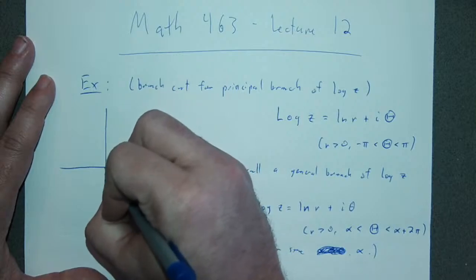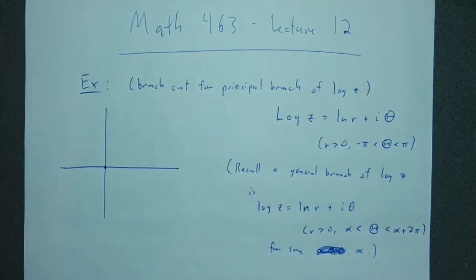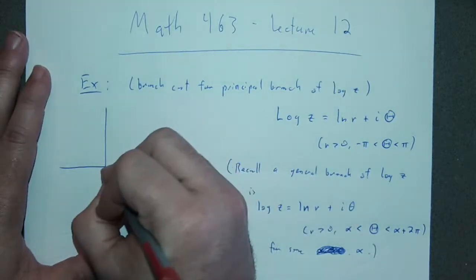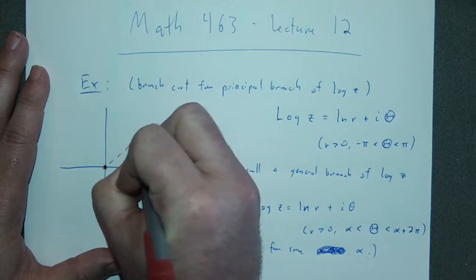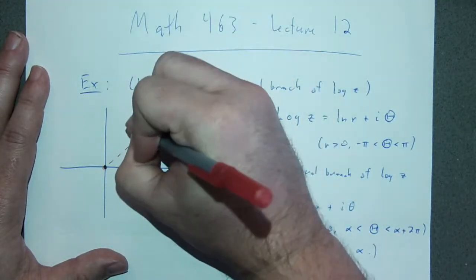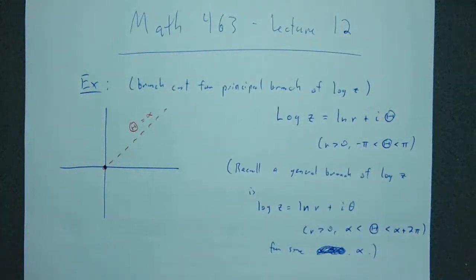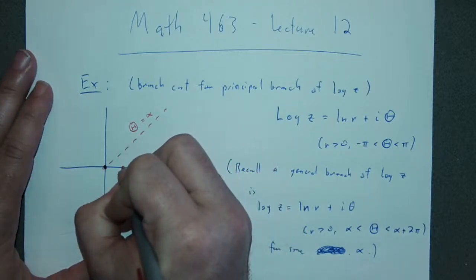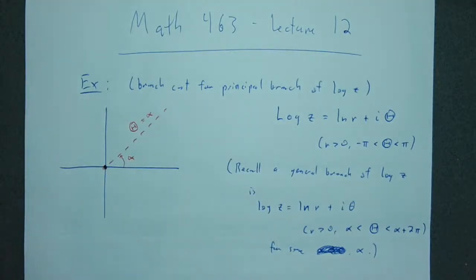Maybe I'll use a different color here. So I have this ray that is theta equal to alpha, telling me the angle alpha, measured from the positive x-axis.